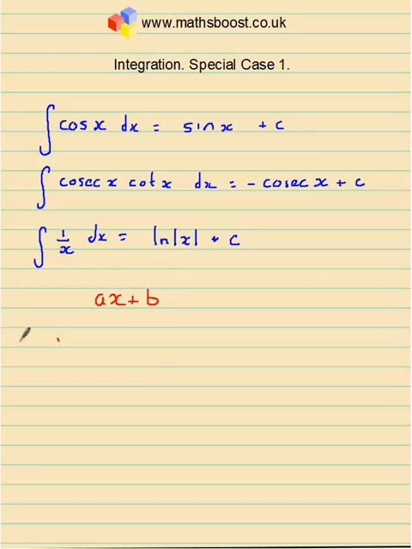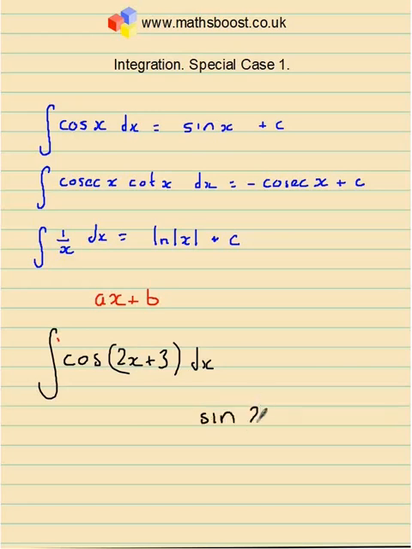So, for instance, cos 2x plus 3, because it's a linear argument, that's the only difference. Instead of x, it's a linear. I know I'm laying it on because I want you to be clear. Couldn't be x squared, couldn't be x cubed. It's a linear. Then I can carry on and use the standard integral.